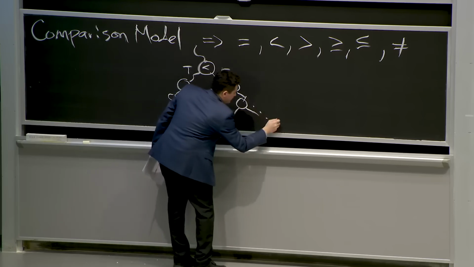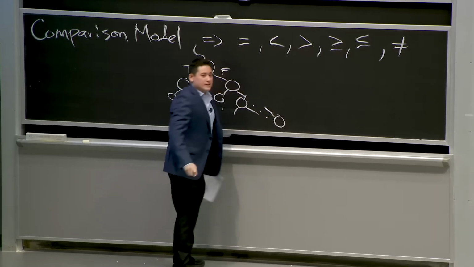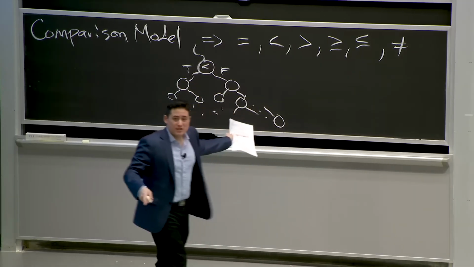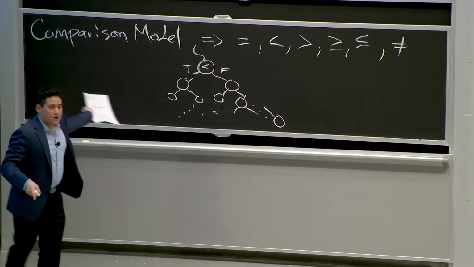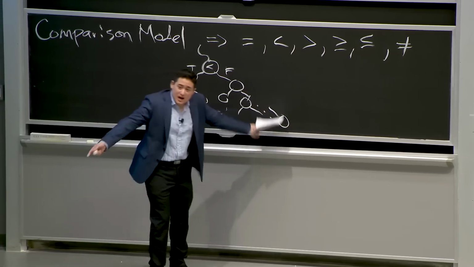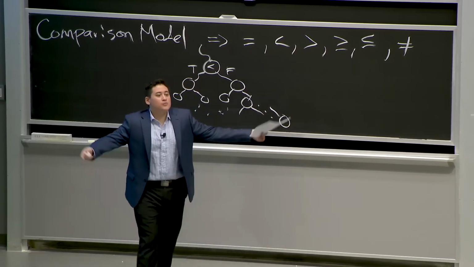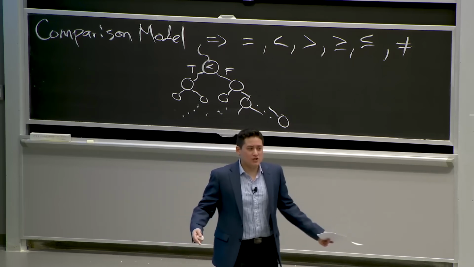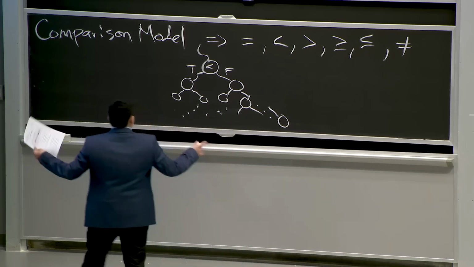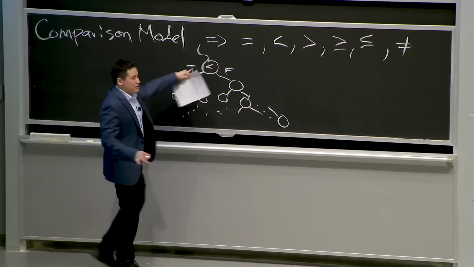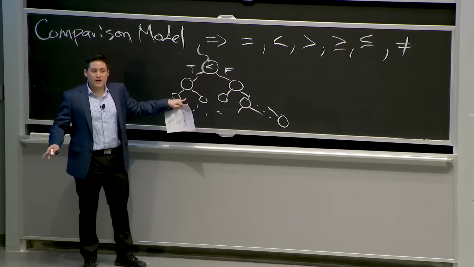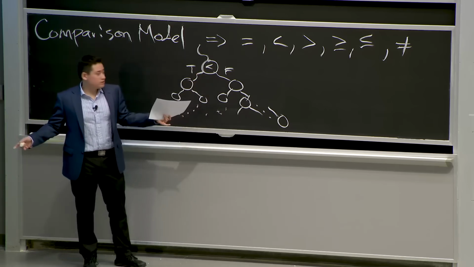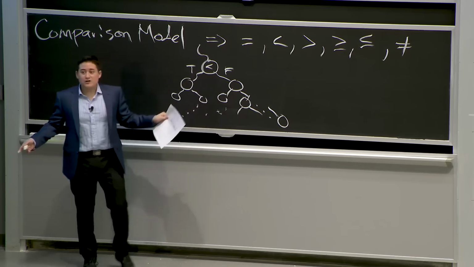Until I get down here to some leaf in which I'm not branching. The internal nodes here represent comparisons, but the leaves represent that I stopped my computation. I'm outputting something. Does that make sense, what I'm trying to do? I'm changing my algorithm to be put in this graphical way where I'm branching what my program could possibly do based on the comparisons that I do.